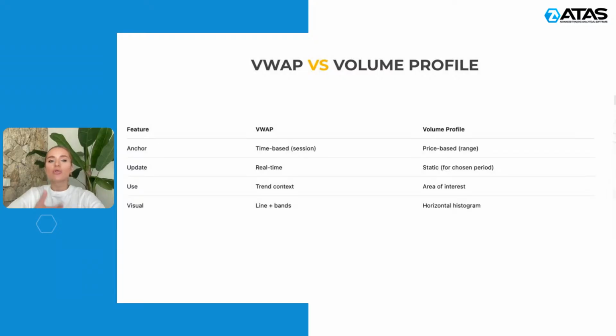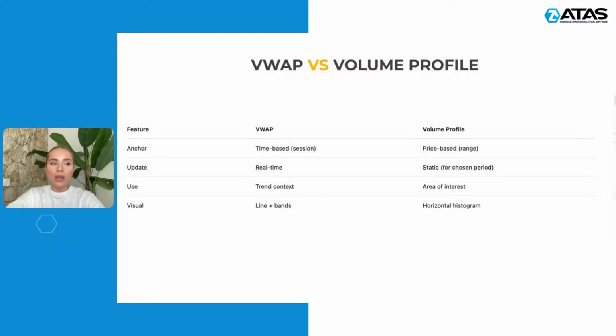So how do the VWAP and volume profile differ? What is the difference between those two if they are both based on the volume? Okay, so the main difference is in what and how exactly they measure. The simplest way to put it is that VWAP is one number or one line summarizing the whole session's trading, whereas the volume profile is a detailed distribution of volume at each price level.